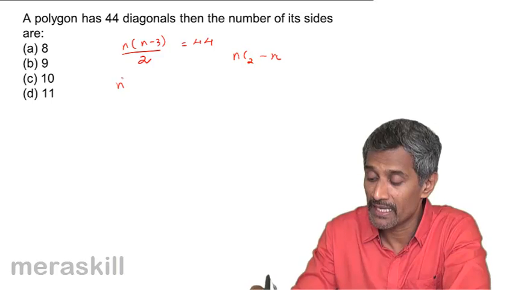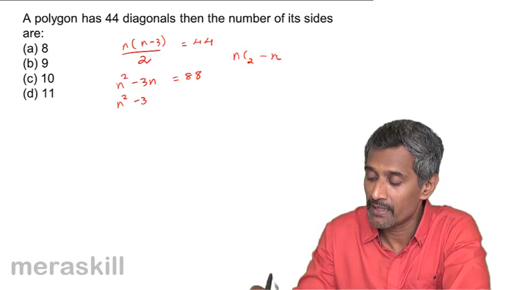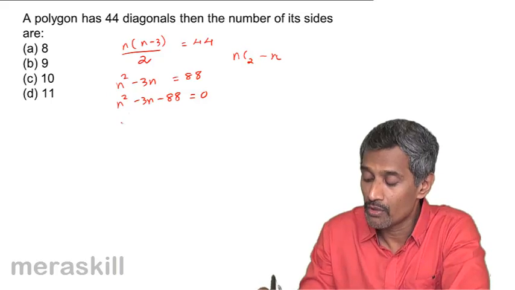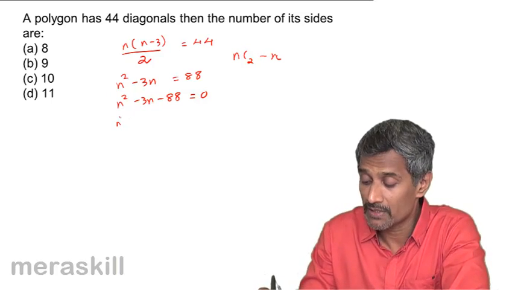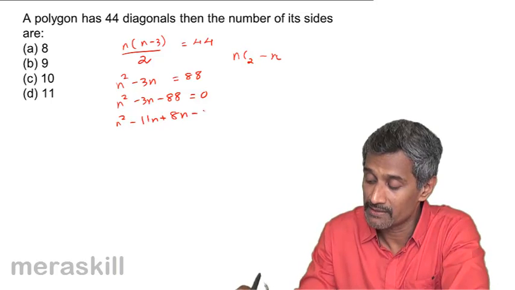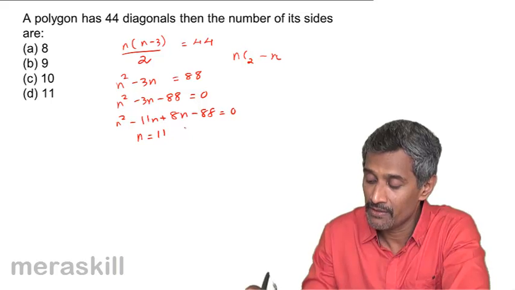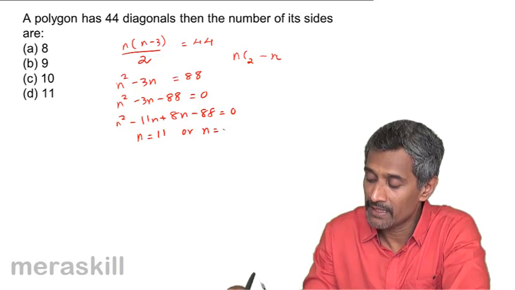So n squared minus 3n is equal to 88, which is n squared minus 3n minus 88 is 0. Splitting the middle term, it turns out to be n squared minus 11n plus 8n minus 88 is 0. This will give n as 11 or n as minus 8.